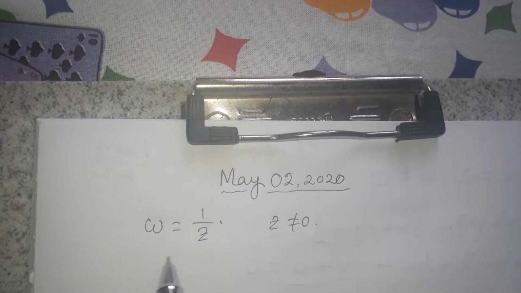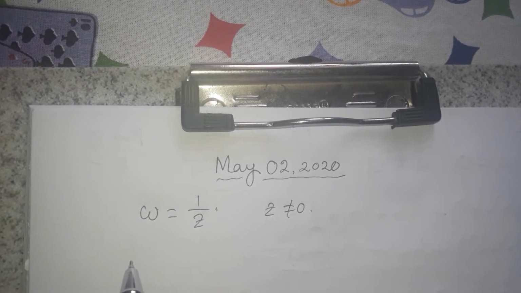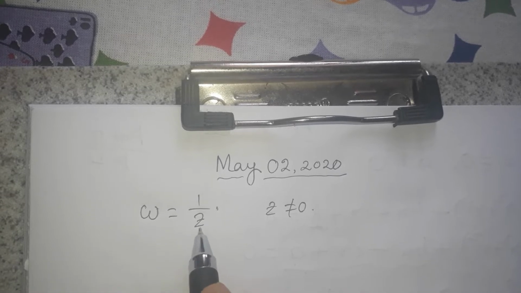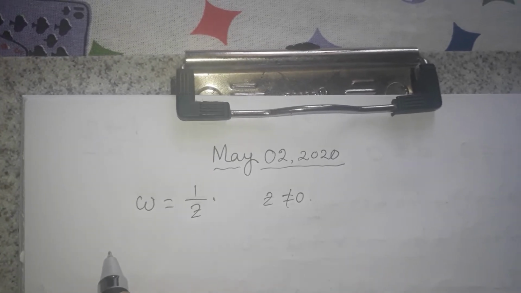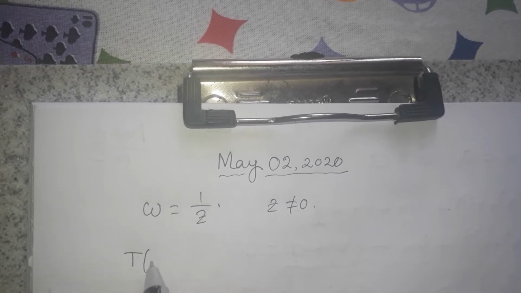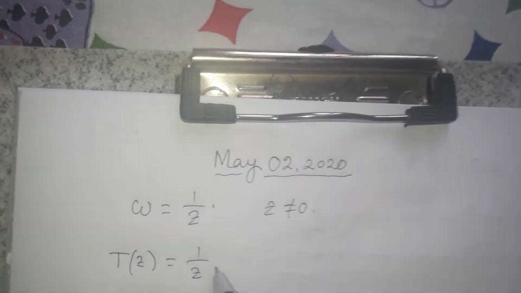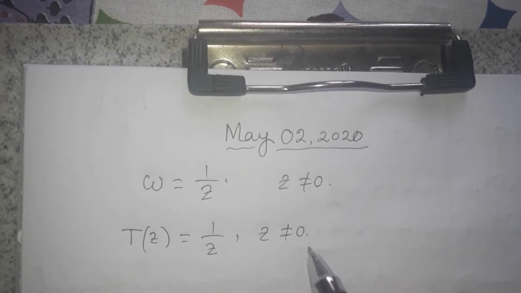And this can be extended to a transformation by including the 0 and the point at infinity. Let us see, by defining T(z) is 1 upon z, z not equal to 0.